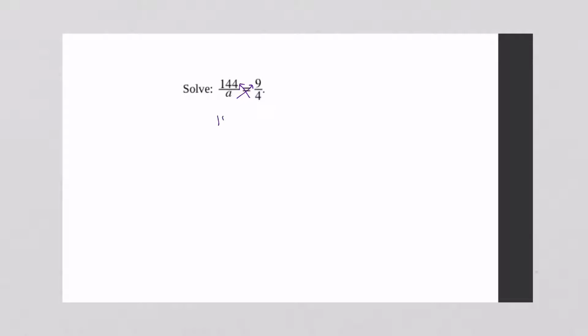So I would have 144 times 4 equals A times 9. So 144 times 4 is 576. And then I would divide both sides by 9. And I get that A is equal to 64.